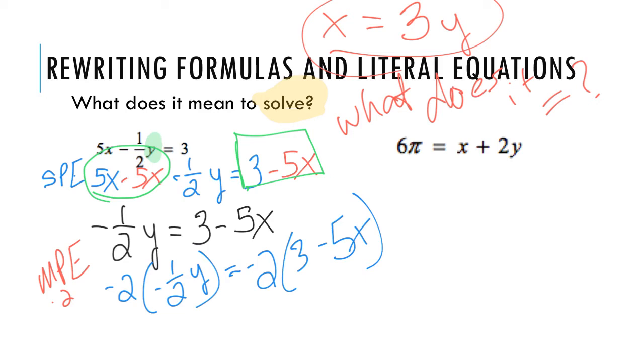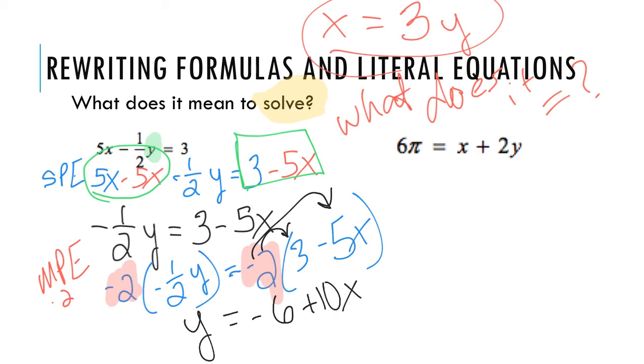Sorry, I forgot to highlight. This is what I added. So, when I multiply them, I end up with y equals negative 2 times 3 gives me negative 6. Negative 2 times negative 5x gives me positive 10x. Well, that is my solution. y equals negative 6 plus 10x.